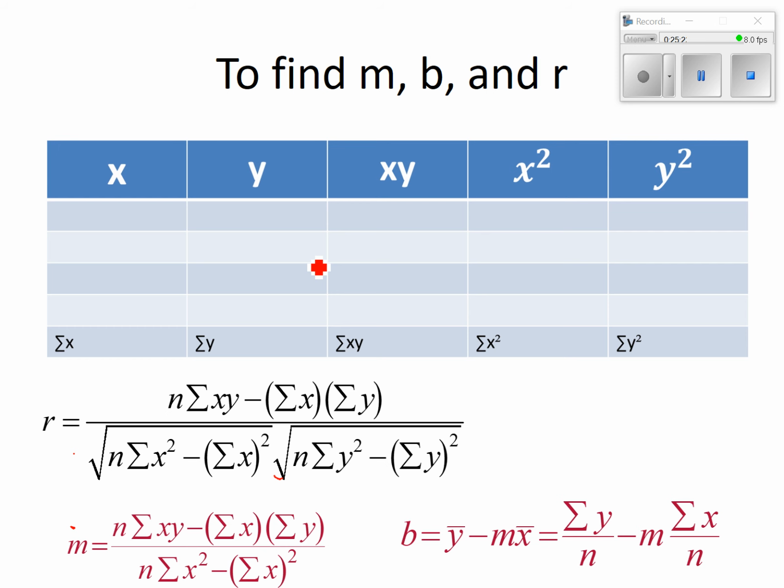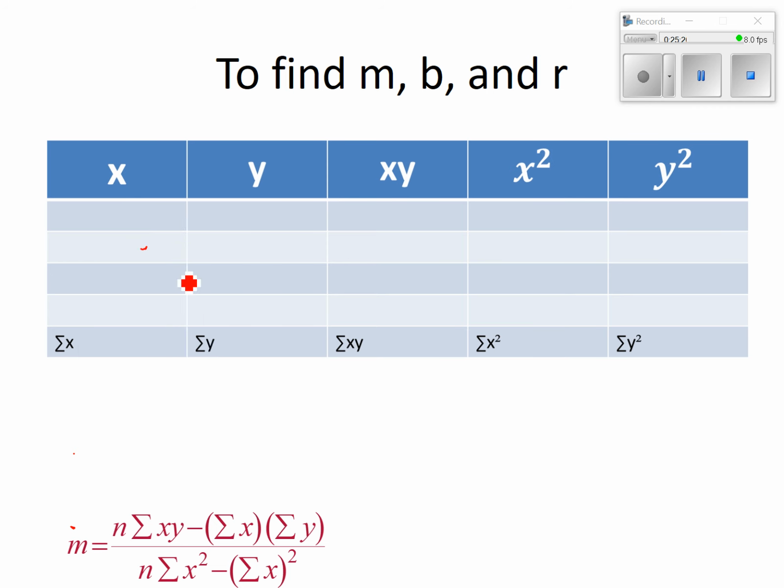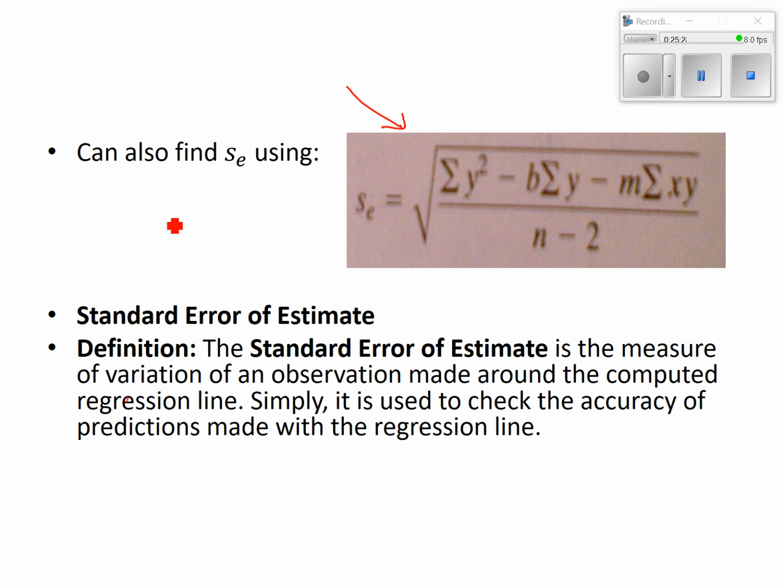if we have this chart, then we can, let's go back, we can pretty easily use this formula because that chart has the y squared in it, and we just add all those up. It has the y's in it, so we're going to add all those up, and it has x times y in it. We're going to add all those up.